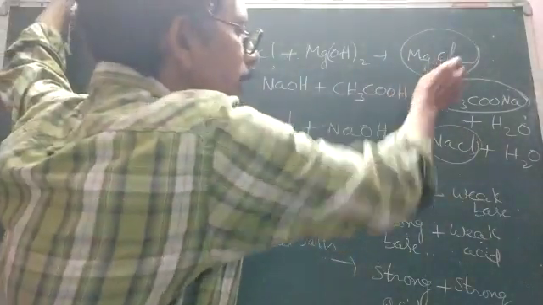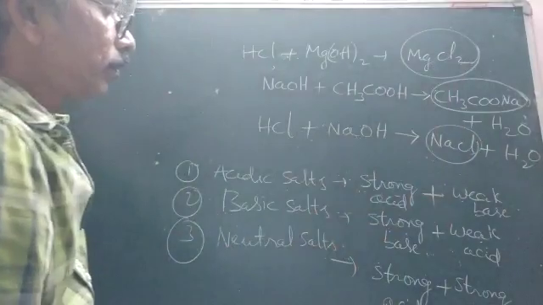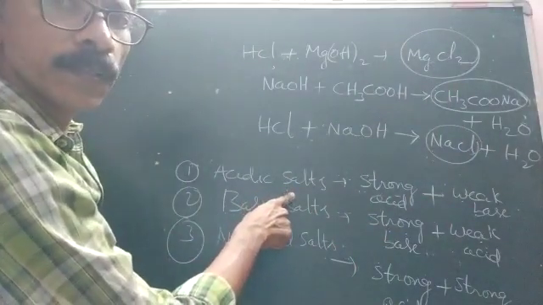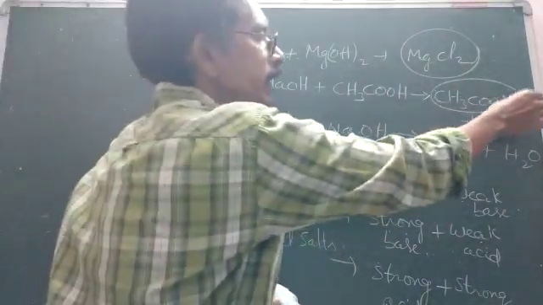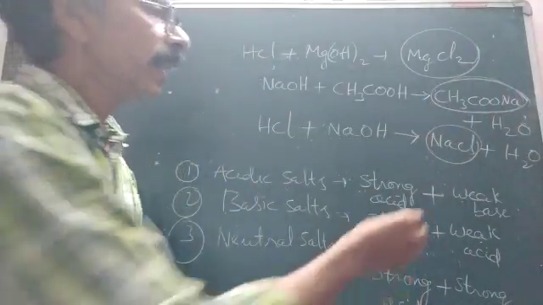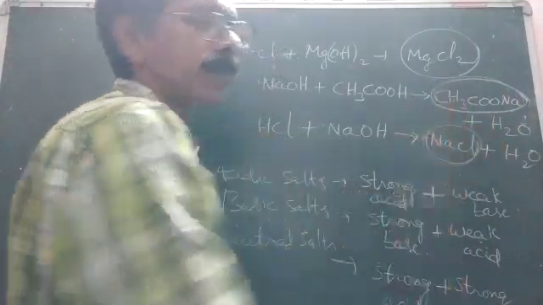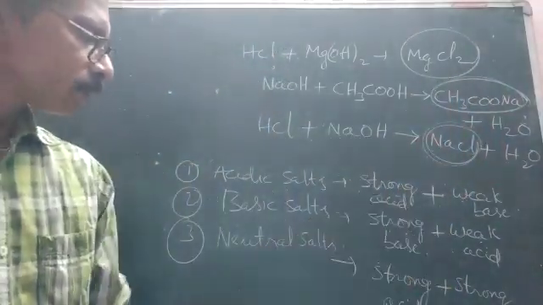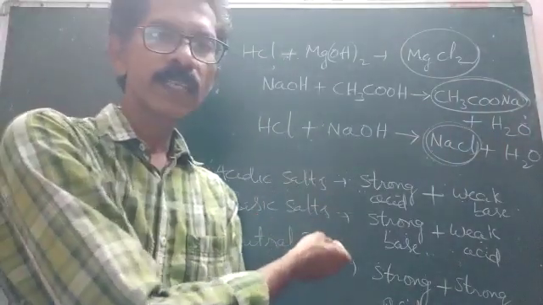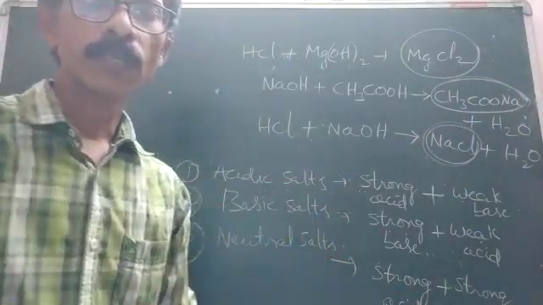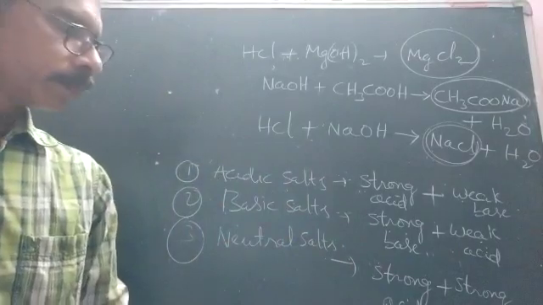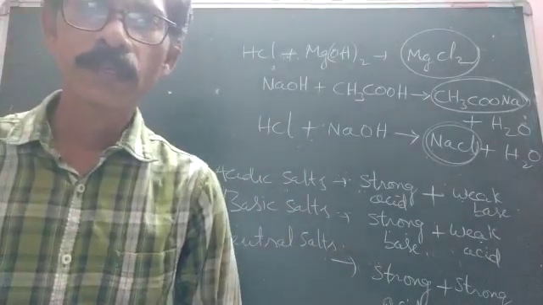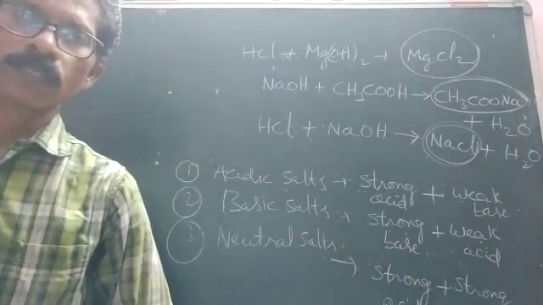So magnesium chloride is an acidic salt, sodium acetate is a basic salt, and sodium chloride is a neutral salt. Those are the examples for acidic, basic and neutral salts. These are the different types of salts.